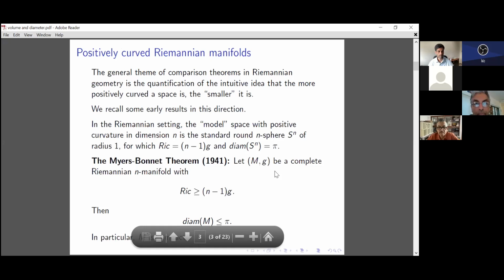Of course, the word "smaller" is doing all the heavy lifting in this sentence, and the notion of positive curvature also plays a role. I'll quickly illustrate what exactly I have in mind.